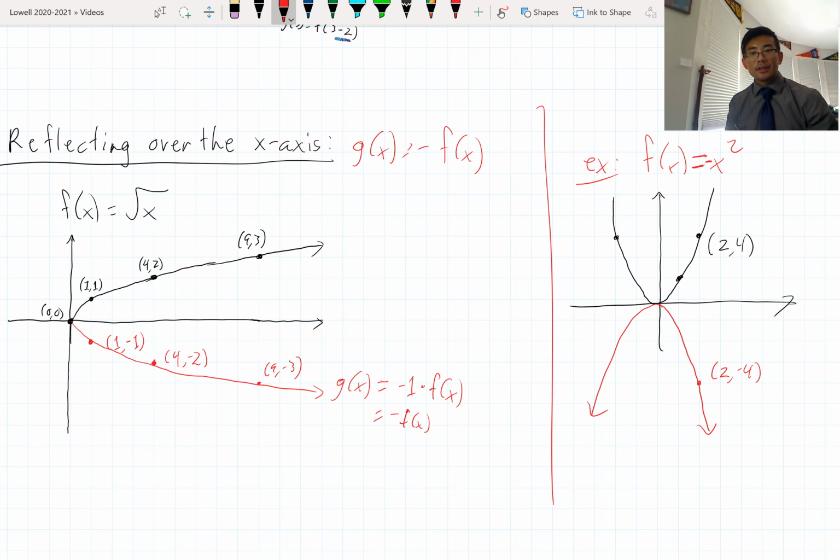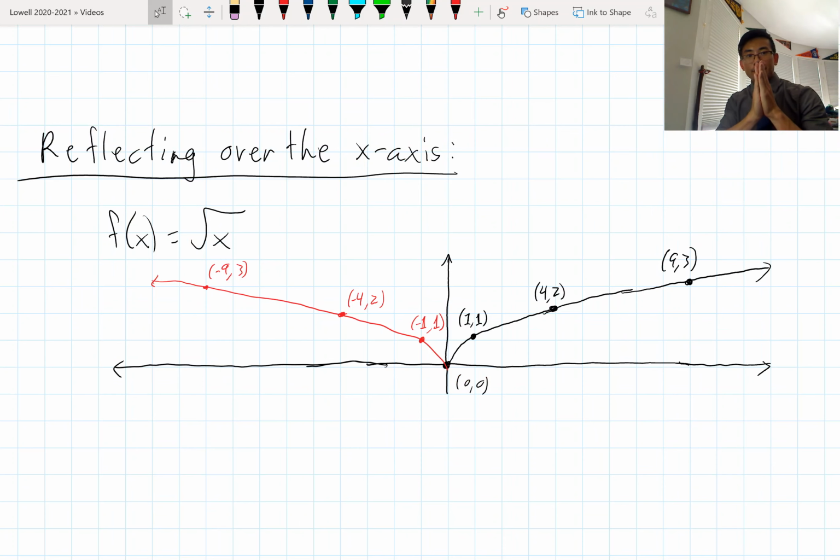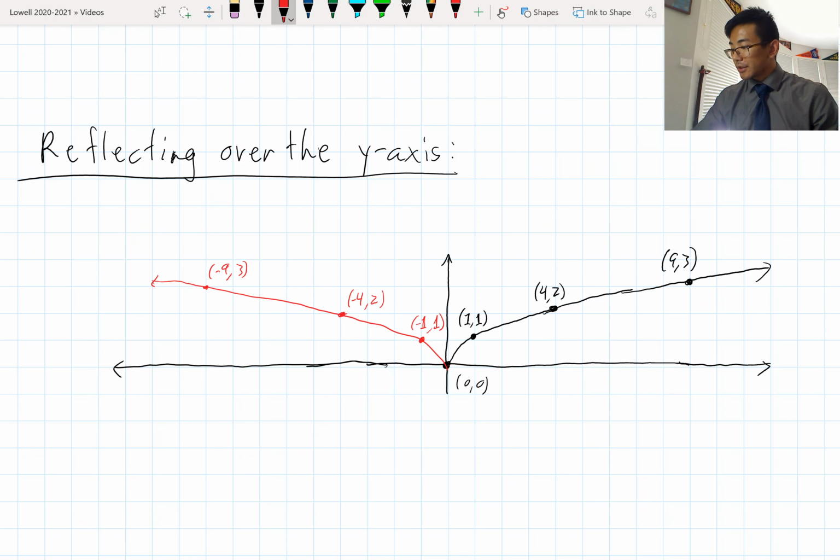All right. So let's talk about reflecting it over the y-axis. Give me a second to get my drawing in place. Alrighty, so I've drawn now our original square root function, but now I've also reflected it over the, not x, the y-axis. And that's the red one over here. So this red one is g of x, once again, and the black one here is f of x, just the square root of x.